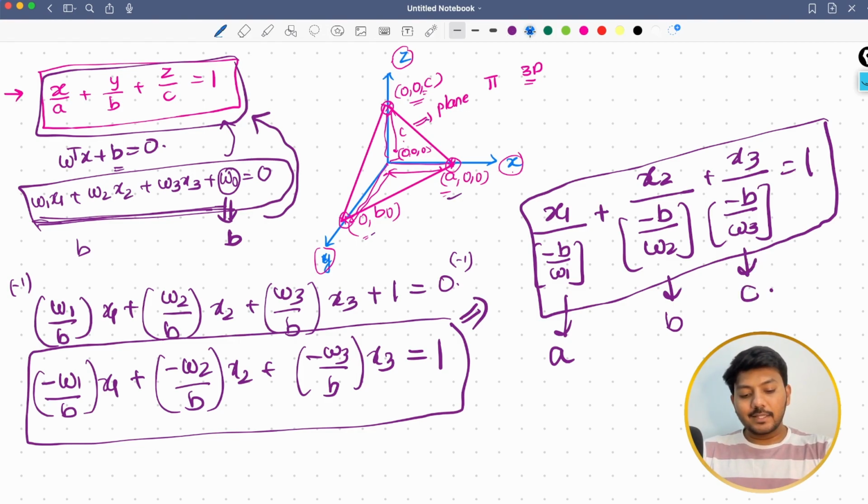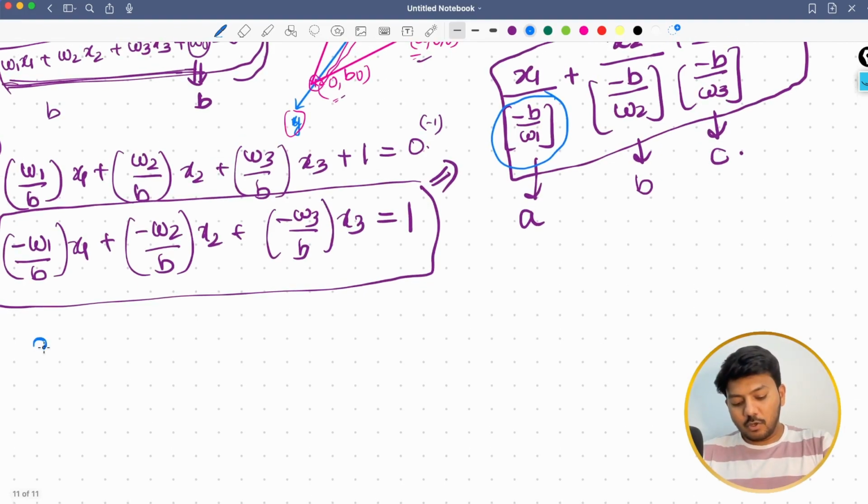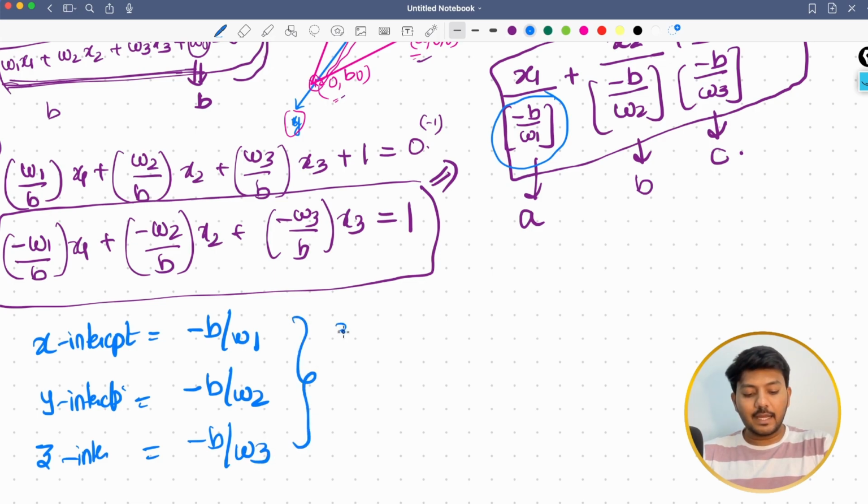So if you look at this equation clearly, my x intercept is minus b by w1. So let me write that. My x intercept is equal to minus b by w1 and y intercept equal to minus b by w2 and z intercept equal to minus b by w3 in case of 3 dimensions.